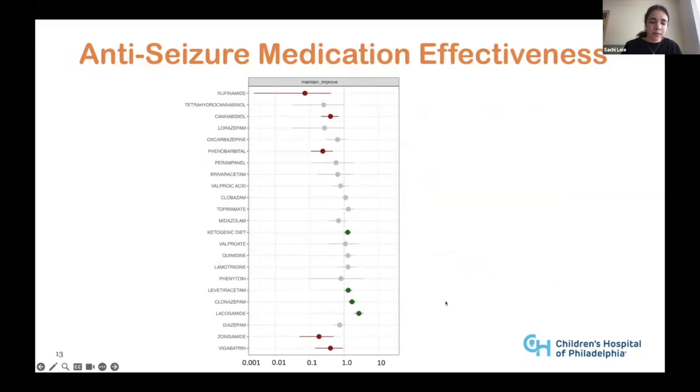We then wanted to see if there was a certain anti-seizure medication that could either maintain seizure freedom for some period of time or improve seizure severity, meaning reduce seizure severity. The ketogenic diet, levetiracetam, lacosamide, and clonazepam were all associated with either the maintenance of seizure freedom or the improvement of seizure severity.